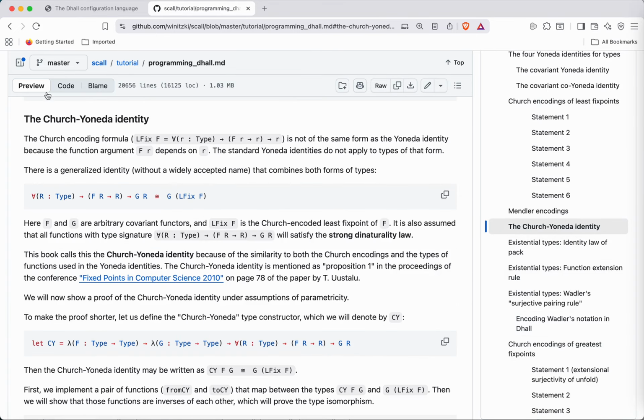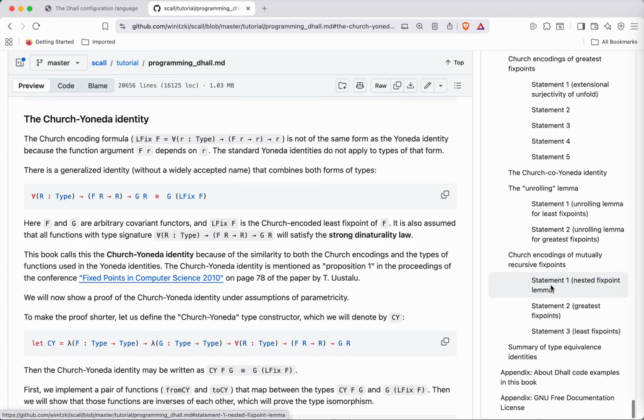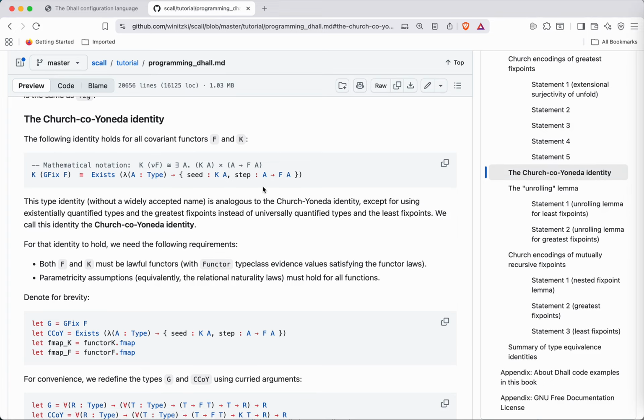Also, I prove something called the Church-Yoneda identity, which is not well known but extremely useful in this sort of setting for System F omega programming. The Church-Yoneda identity and also the Church co-Yoneda identity are a generalization of both the Church encoding and the Yoneda identities in one type equivalence.